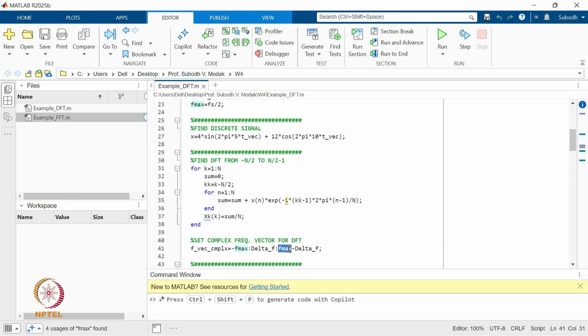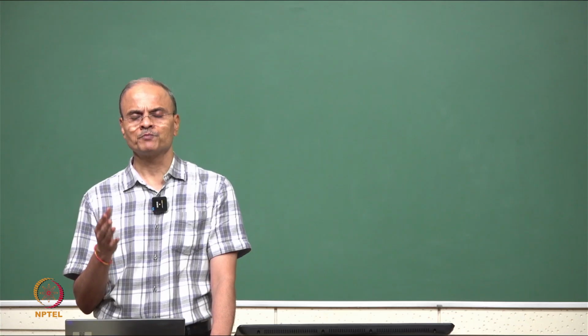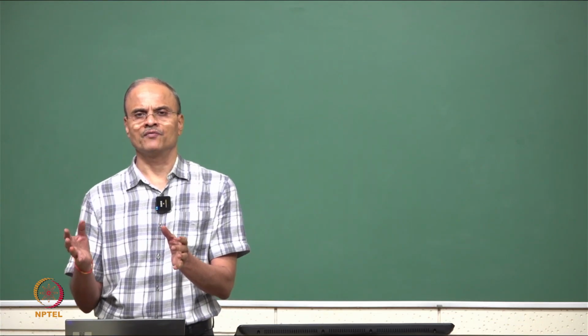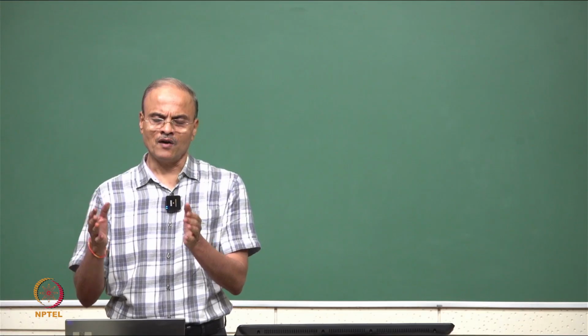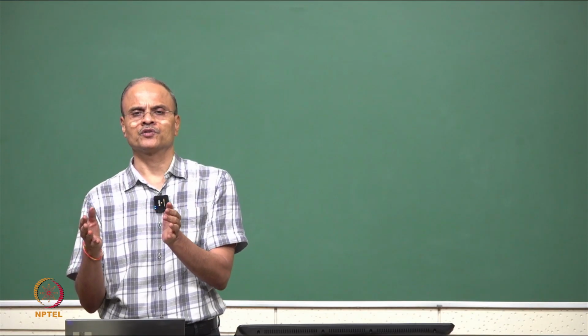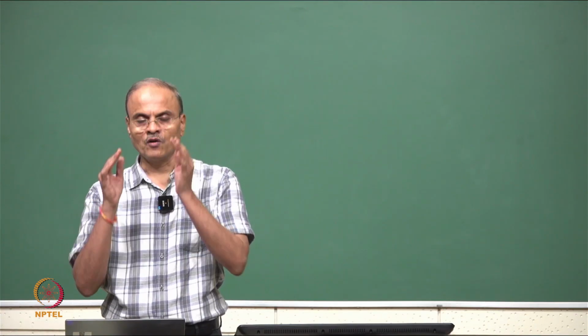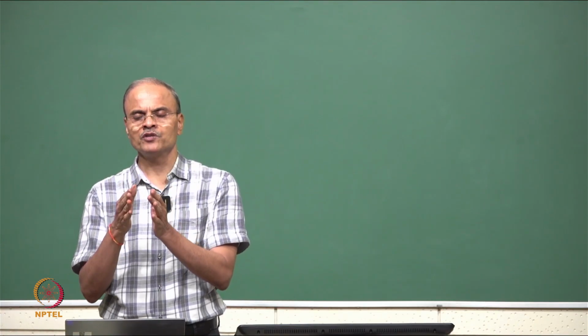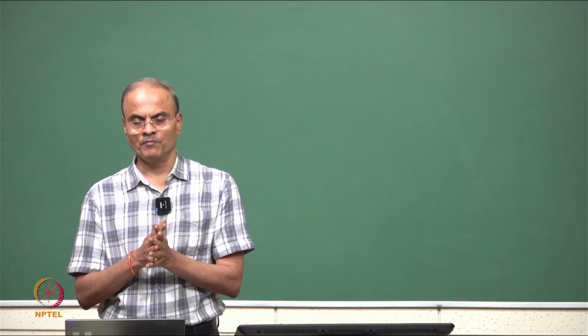So, that is the last frequency component. This f vec CMPLX is essentially a vector of frequencies, and I have called it CMPLX, that is complex, because we are going to have a complex DFT, which means that it has half the frequency range on the negative side and half on the positive side. It is a complex DFT, and the magnitude is symmetric with respect to the y axis.